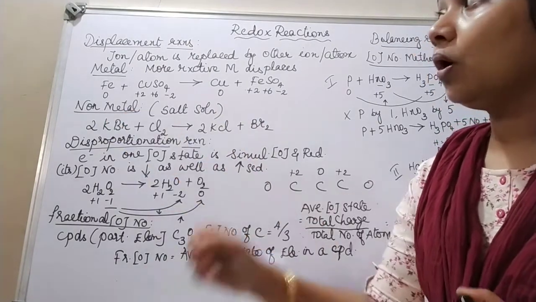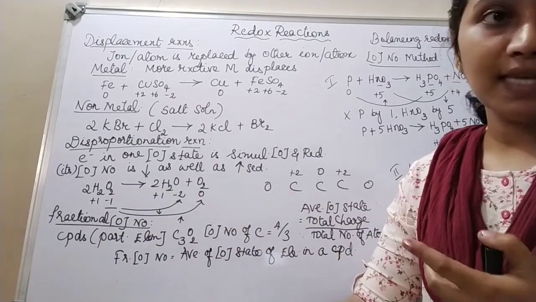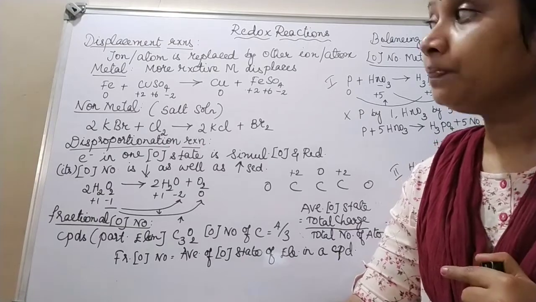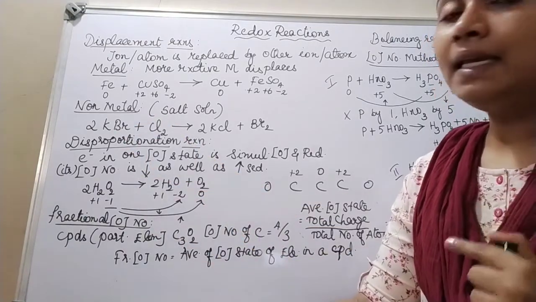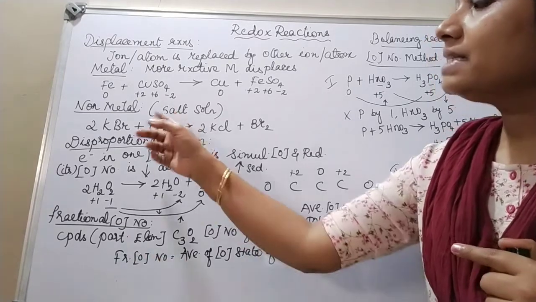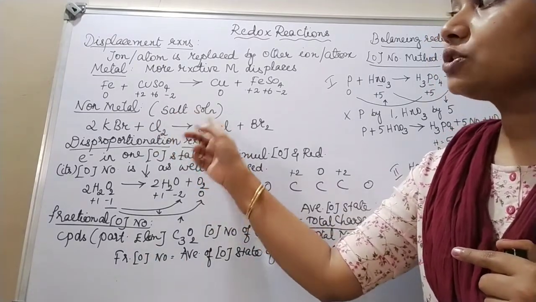And what about non-metal displacement reaction? It is the same as that case, but you need to replace the term metal with non-metal. So a highly reactive non-metal displaces a less reactive non-metal in the salt solution.